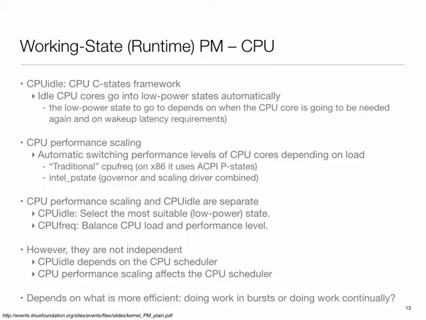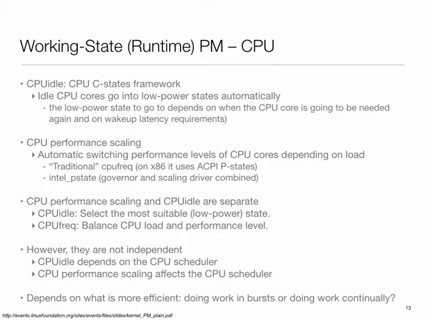So this framework is called CPU Freq, or at least the older version of it, but there are also some newer variants. Basically what these are doing is moving a particular core across these different operating points.